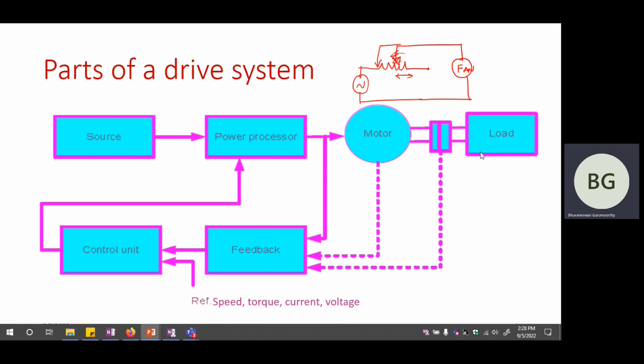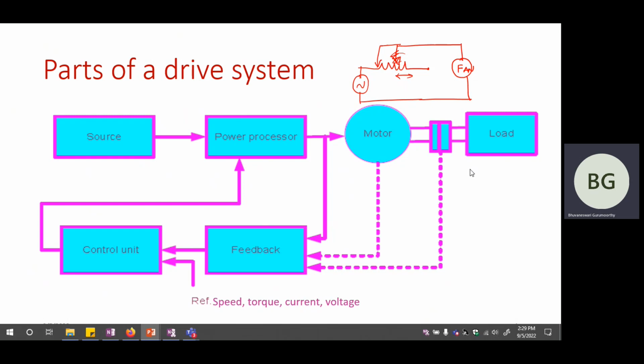The load could be a translational motion load, something like a conveyor belt at the airport, carrying luggage, which requires a translational motion, whereas many motors only impart rotational motion.